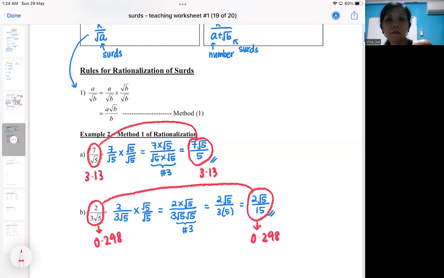So that's the fastest way to check. So you should still maintain the same value, except that it looks quite different. You are reshuffling the surds somewhere else while maintaining the same values.